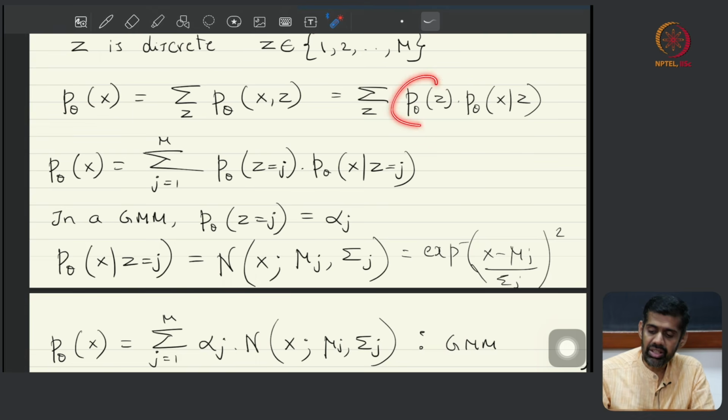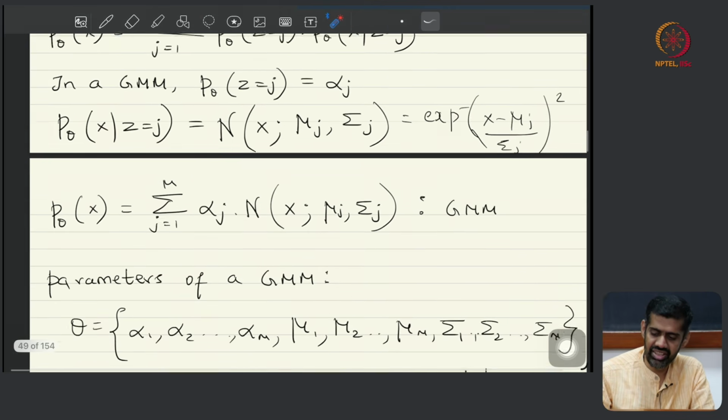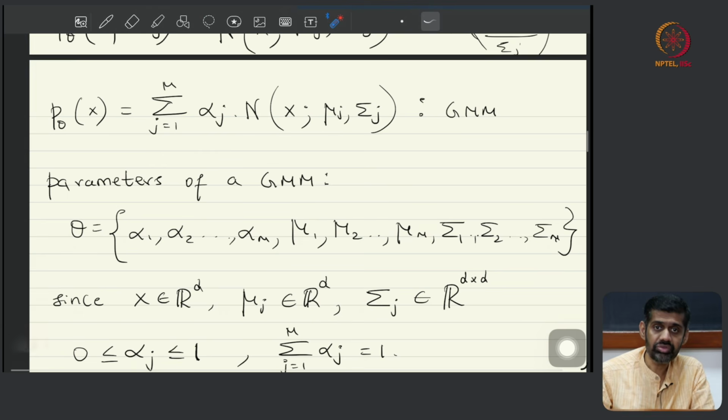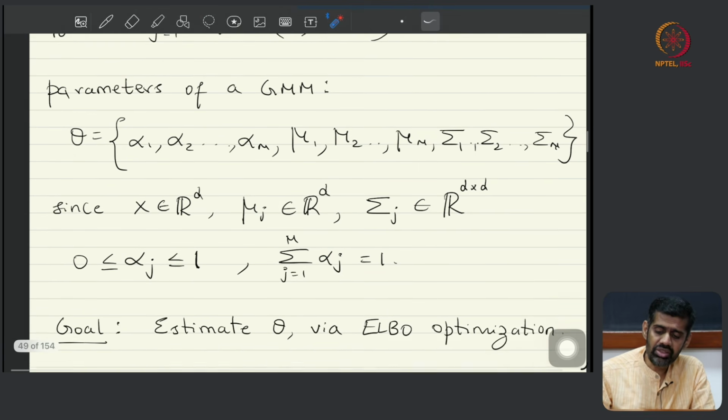If this becomes discrete, then this entire thing can be seen as a linear combination of multiple conditional densities. That is why it becomes a mixture density. Got it? If z is a continuous random variable, then you cannot see that as a linear combination. Only if it is discrete can you see that as a linear combination. Are we good?